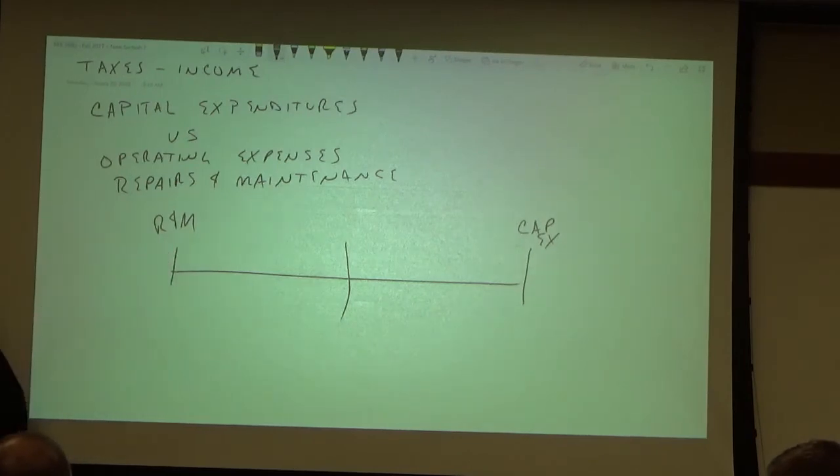Because you immediately get to write off the full dollar amount of what you spent that year as an operating expense. Does that make sense? Yes or no?